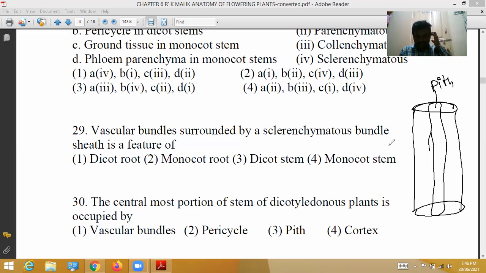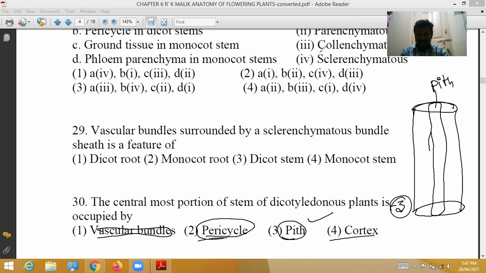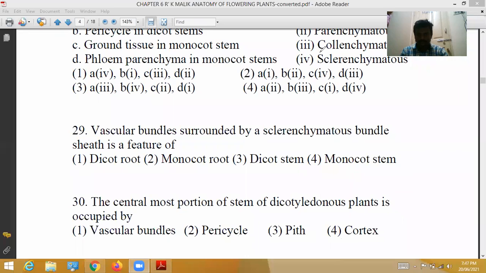The pith or medulla is present at the center of the dicot stem. Among the options, pericycle, pith, cortex, pith is the correct option. So the third option is correct. The centralmost part of the dicotyledonous stem is pith. Next bit.